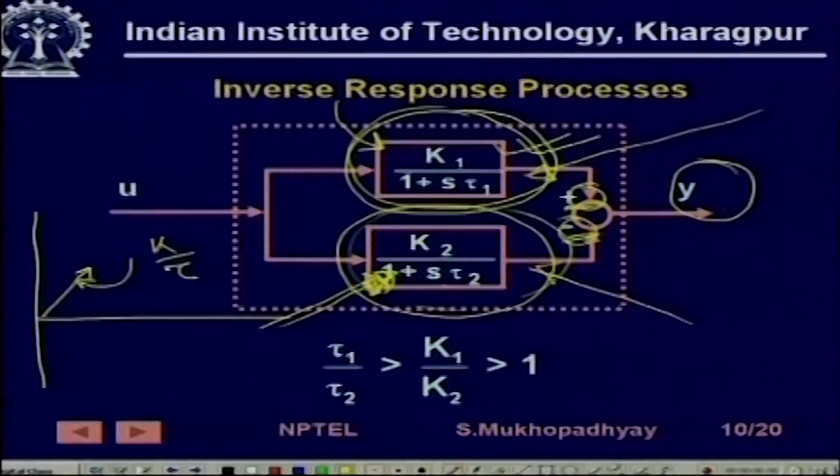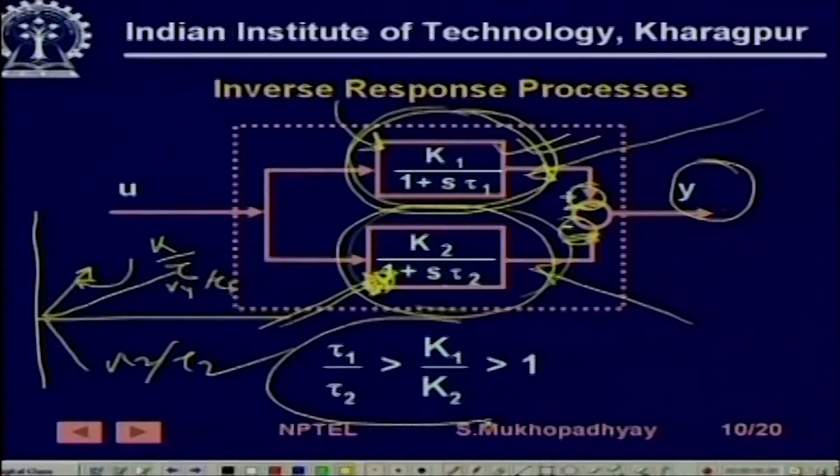So, during initial response, this block will produce a slope which will be minus k2 by tau 2, and this block will produce a slope which is k1 by tau 1, and this is k2 by tau 2. So, since according to this condition k2 by tau 2 is greater than k1 by tau 1, therefore initially the response, now we can go to the next slide.